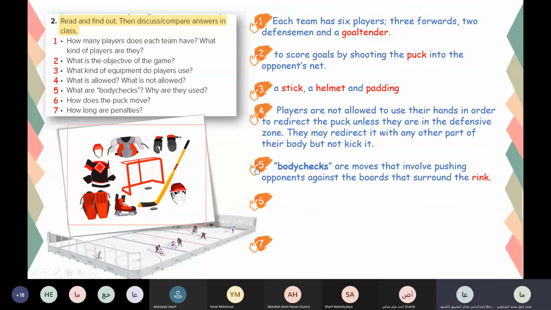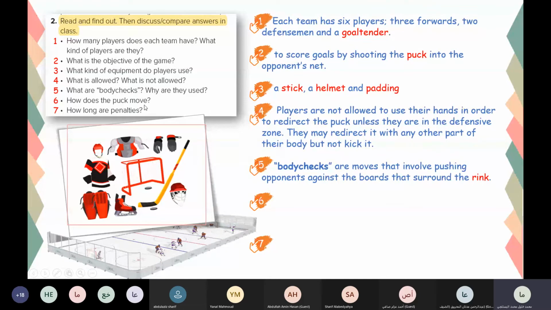Look at your screen and read: the body checks are moves that involve pushing opponents against the boards that surround the rink. Good. So body checks here are moves that involve what? Pushing opponents against the boards that surround the rink.